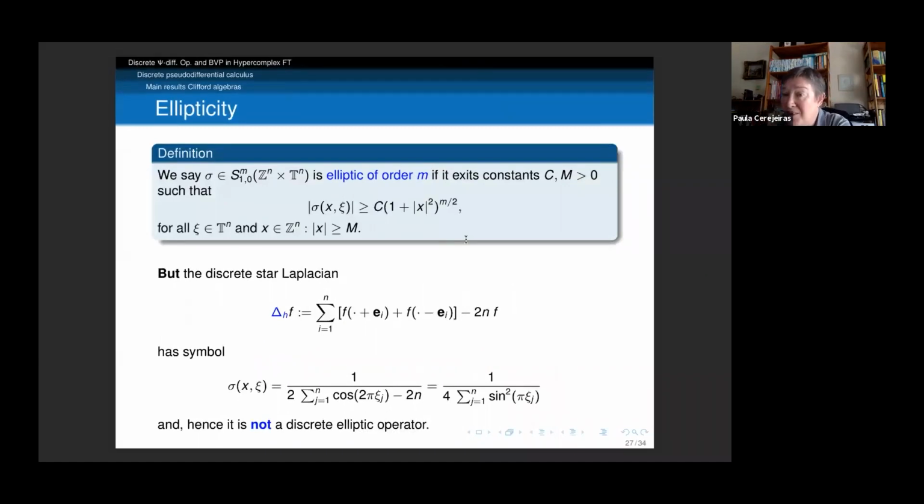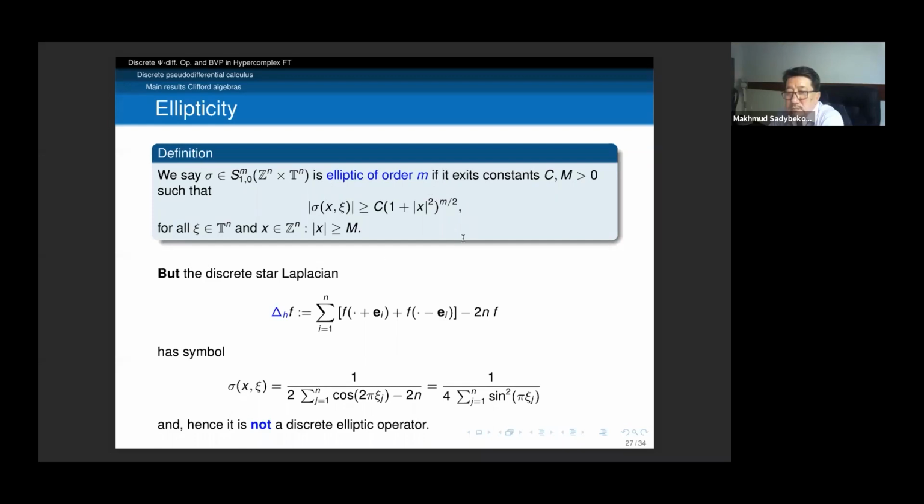But interesting is to try to obtain a condition of ellipticity. We say that the symbol defined an operator elliptic of order m if its symbol satisfies this condition that you have here when the lattice is large enough, so for values of the lattice larger than m.